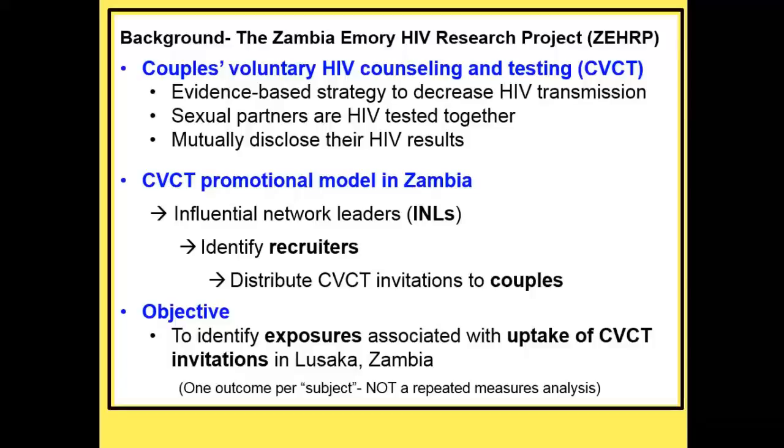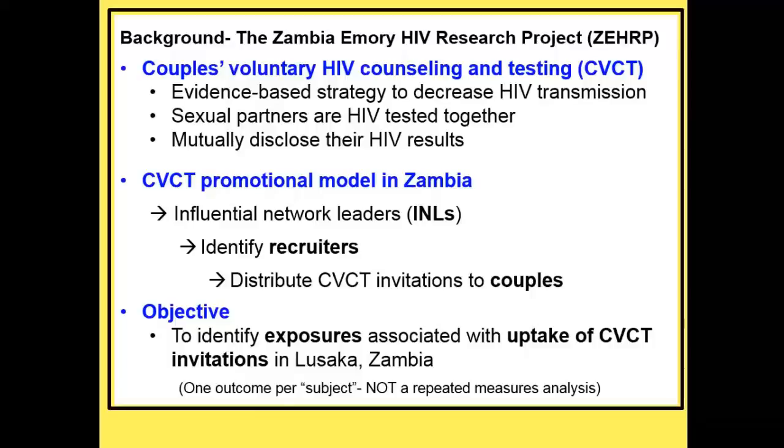Recruiters were identified to try to get couples to be involved in this study, and the recruiters had their own characteristics. The recruiters came from a larger group of network leaders who identified who the recruiters should be. These are called INLs, influential network leaders, and they had their own characteristics. So there are 3 levels of characteristics: INLs, recruiters, and couples. Okay, that's the idea, 3 levels.